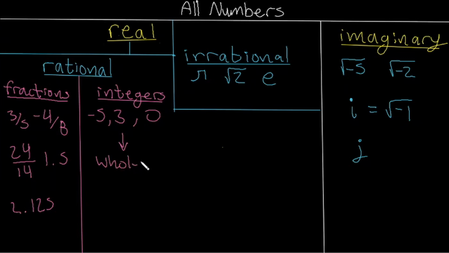Integers can be further divided into two categories: whole numbers and natural numbers.